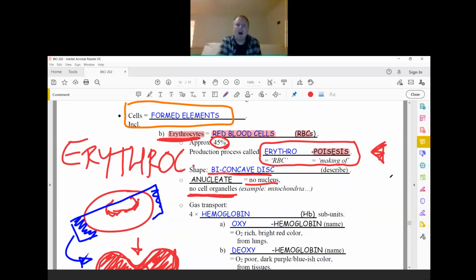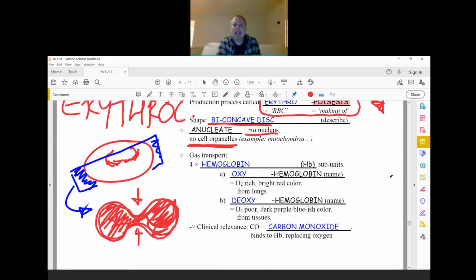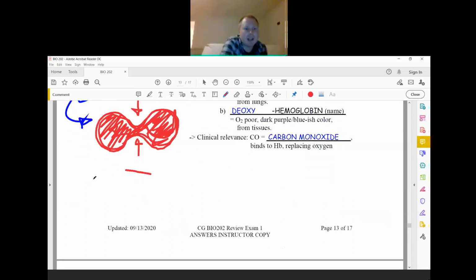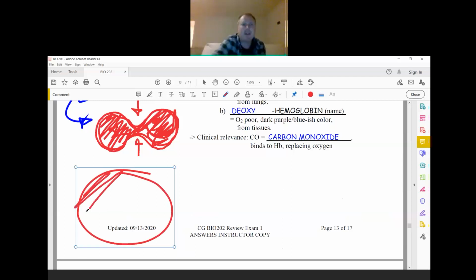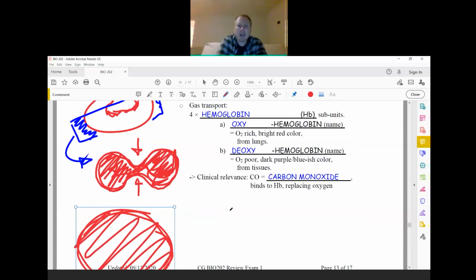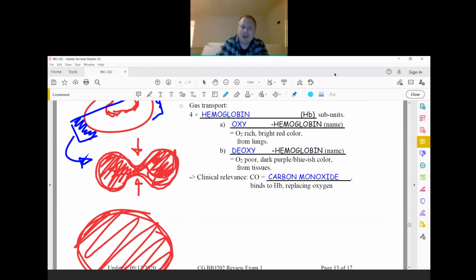Well, let's have a look at how the red blood cell does its job of transporting oxygen. What we find in the red blood cell, and I'm going to draw here just an imaginary red blood cell, really quick diagram. It's a blob. We end up finding within the red blood cell hemoglobin. And there's actually 4 hemoglobin subunits for each red blood cell.